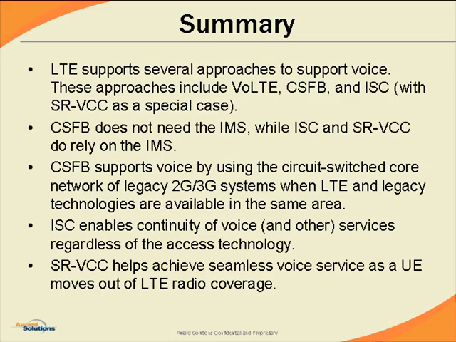In general, you could have voice over LTE. We use IMS and IP for that. We may have circuit switch fallback, so we disappear from the LTE air interface. We fall back to legacy circuit switch technology. Once the voice call is over, we can go back to LTE. That is CS fallback.